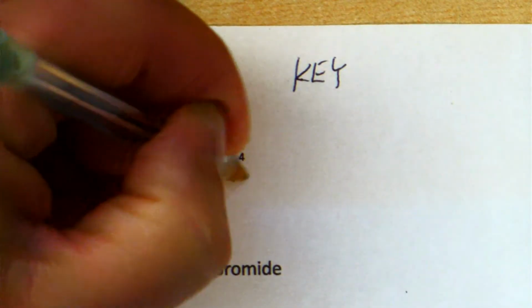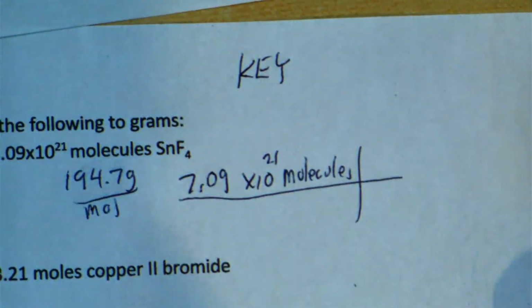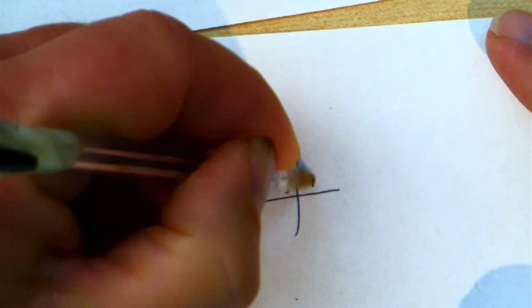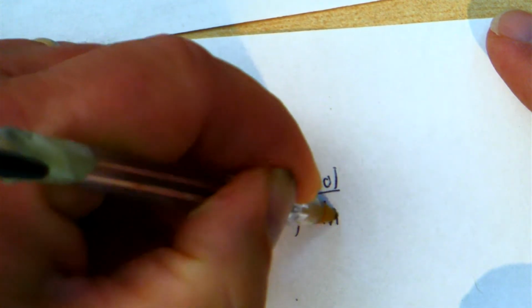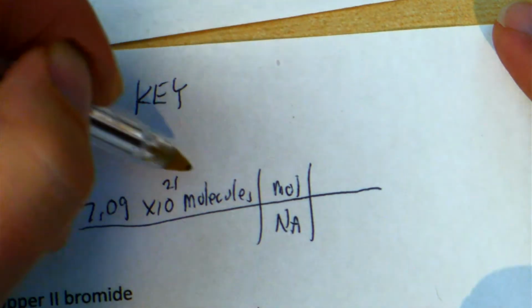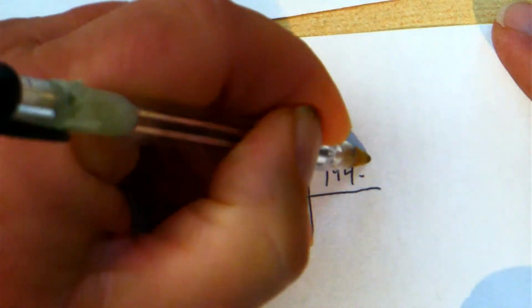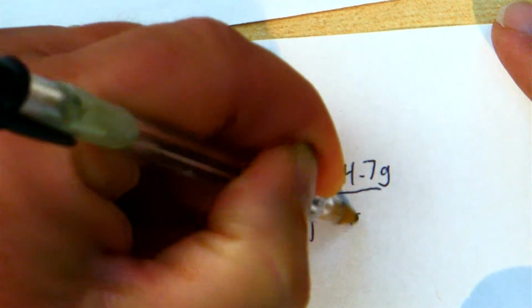So if I start with 7.09 times 10 to the 21st power molecules, I convert that to moles by saying it's 1 mole for every Avogadro's number of molecules. Now that I have the moles, it's 194.7 grams for every mole.